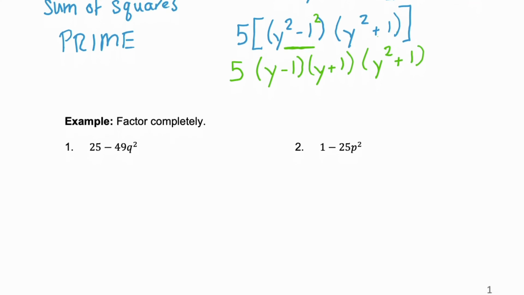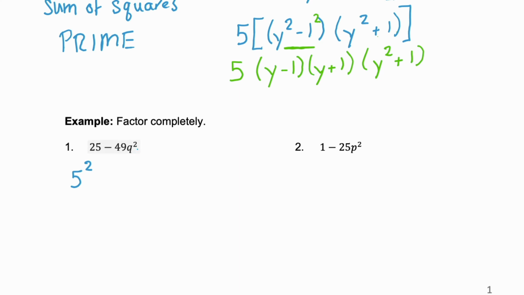How about a couple more examples? Here we have our variables in the second term instead of the first. That's okay. It doesn't matter. We just need to identify what is being squared. In the first example, we have 25, which is 5 squared. And our second term here is 49q squared.